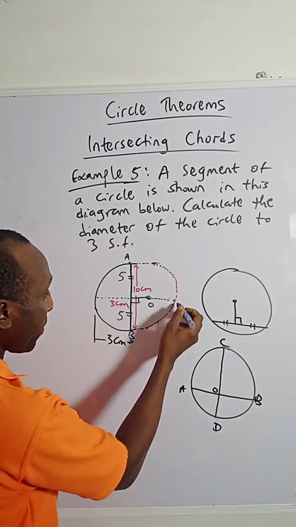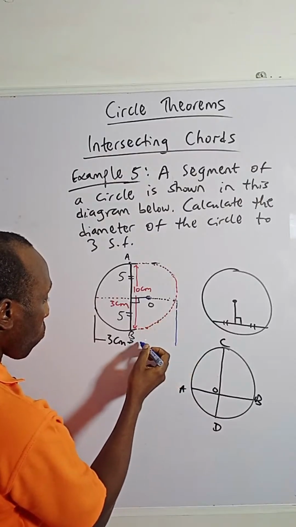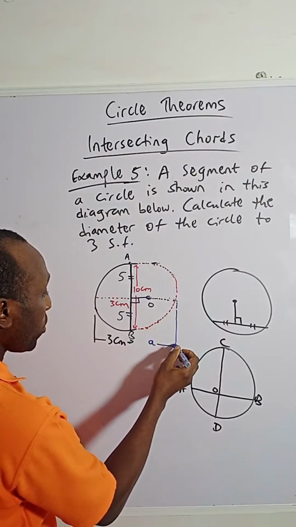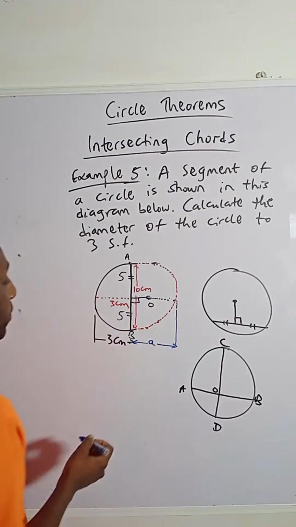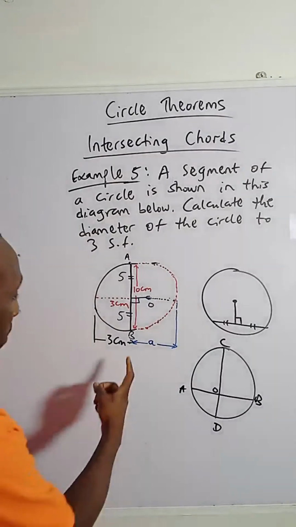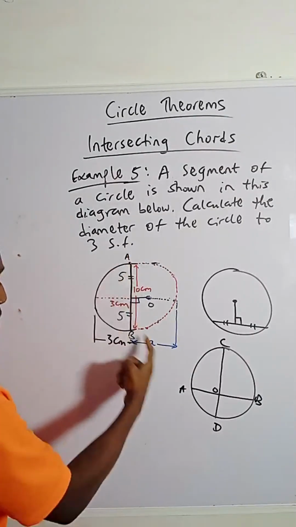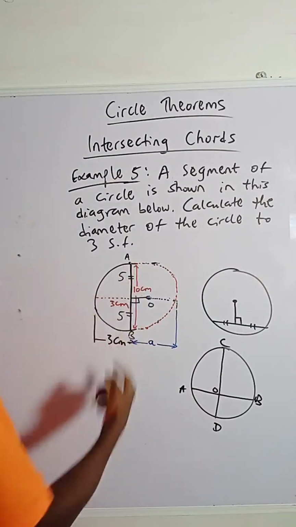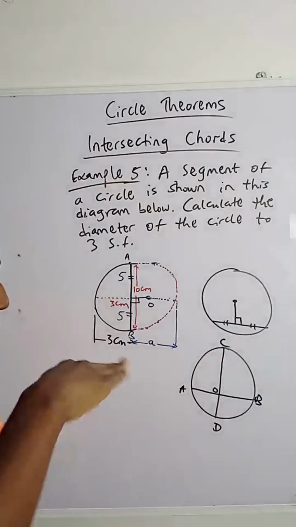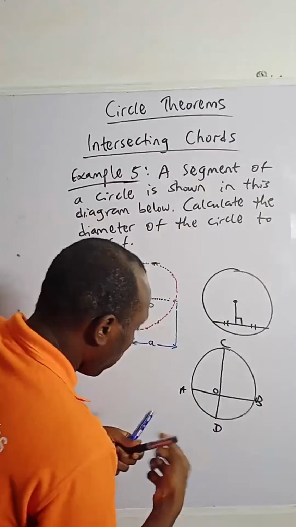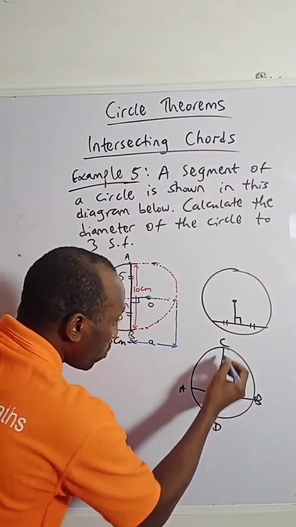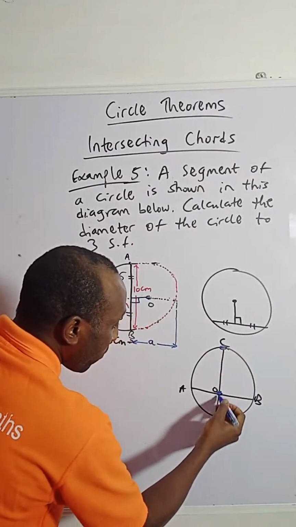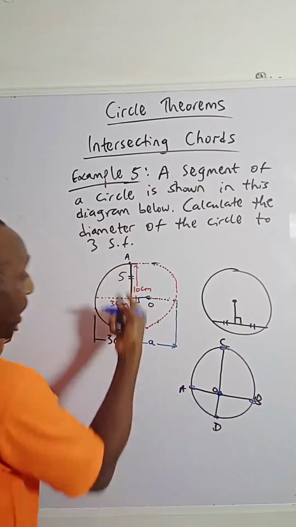Let's say this is A, from the chord to the end of the circle is A. And from here to here is 3. So we now know the 4 sections. If you want to compare it, from O to C, from O to D, from O to B, from O to A, we now know them here.